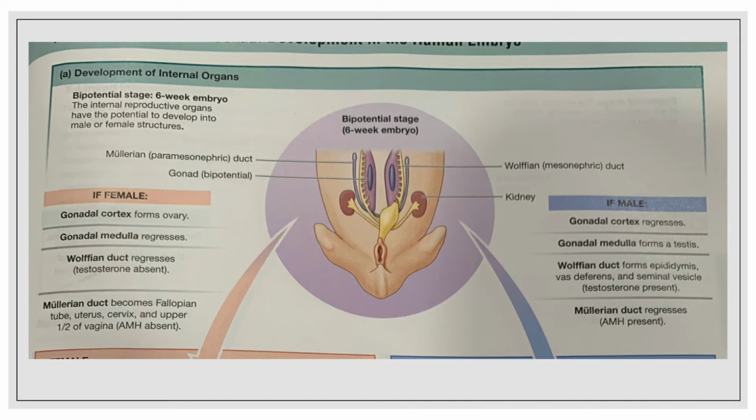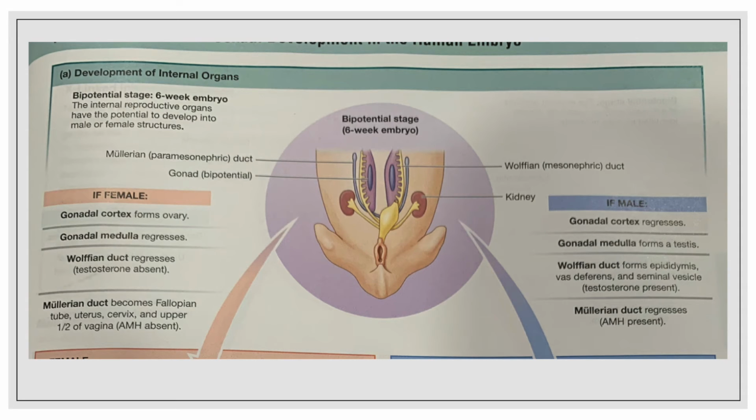This diagram nicely brings together what can come of the gender of the embryo after this bipotential stage at week 6, depending on a number of different factors. As you can see in the top depiction, there are some early structures that begin to form at this week 6.